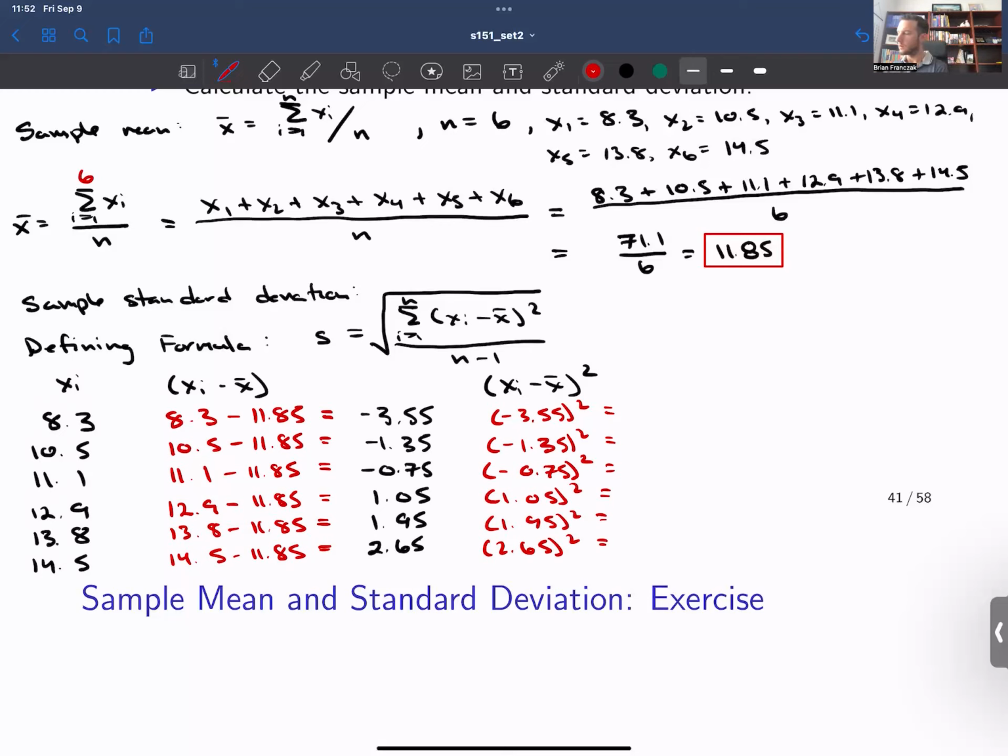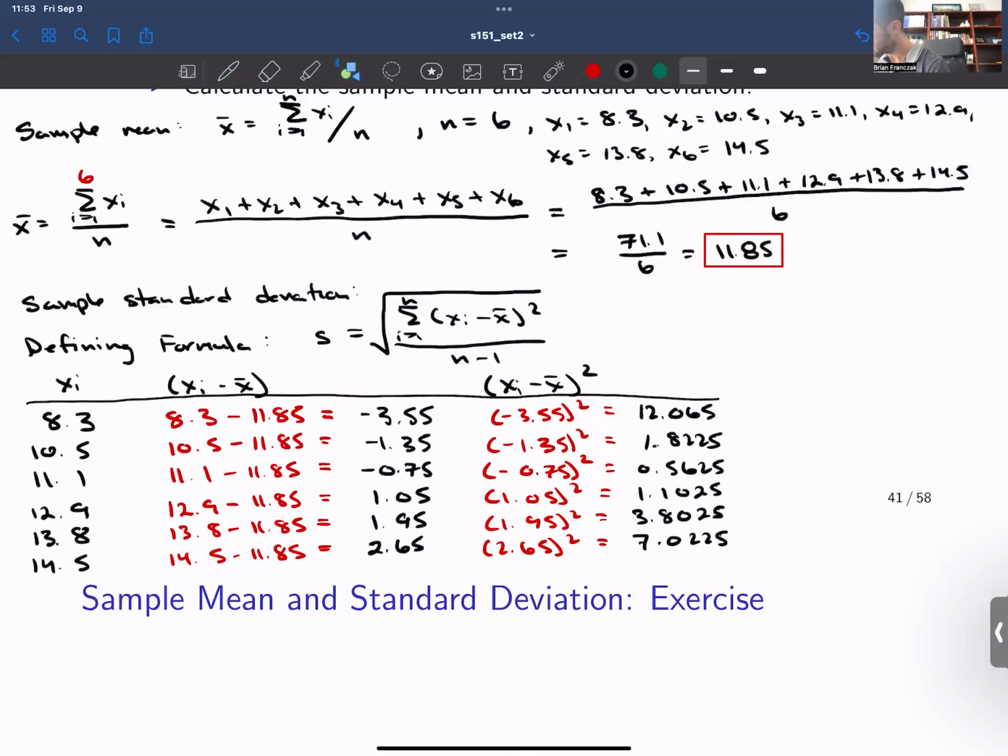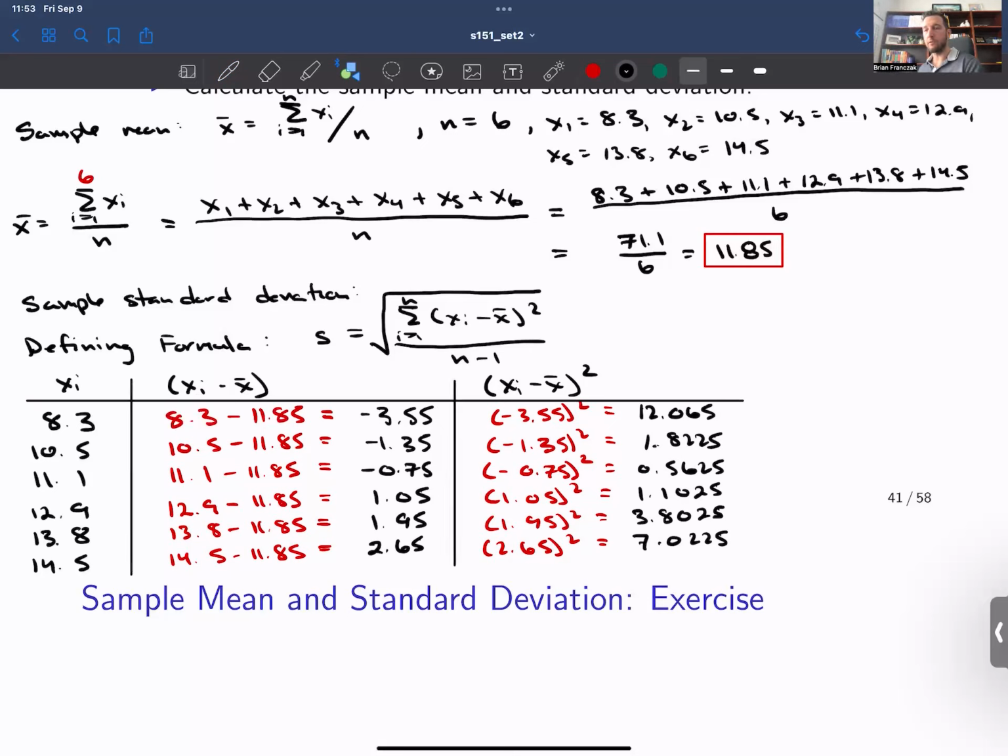This gives us the following: 12.6025, 1.8225, 0.5625, 1.1025, 3.8025, and 7.0225. So this is our table of squared differences.